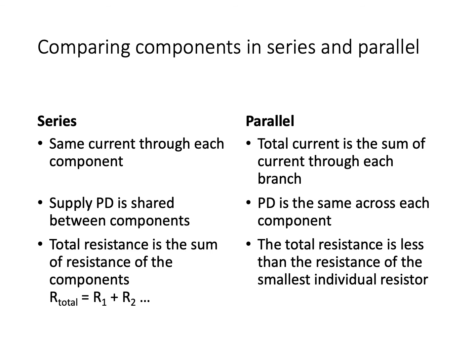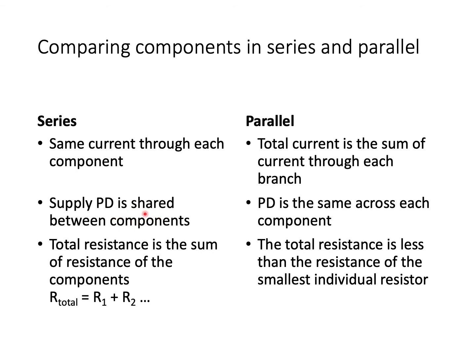So we're comparing here how we have components in series and parallel. So if we've got a series circuit, then the current is the same through everything. In a parallel circuit, the current through each branch adds up to the current from the cells.